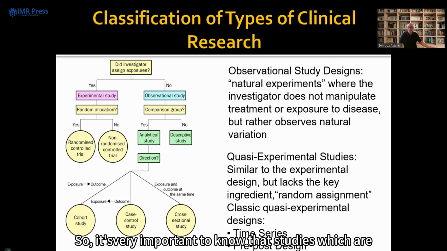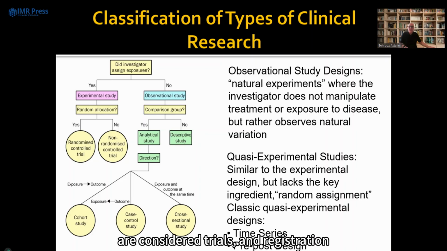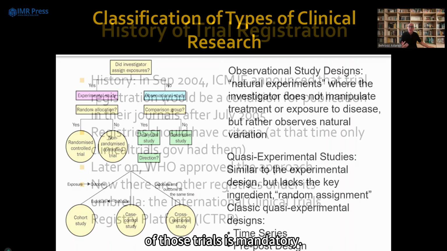So it's very important to know that studies which are done on human or on a group of people or patients are considered trial, and registration of those trials is mandatory.